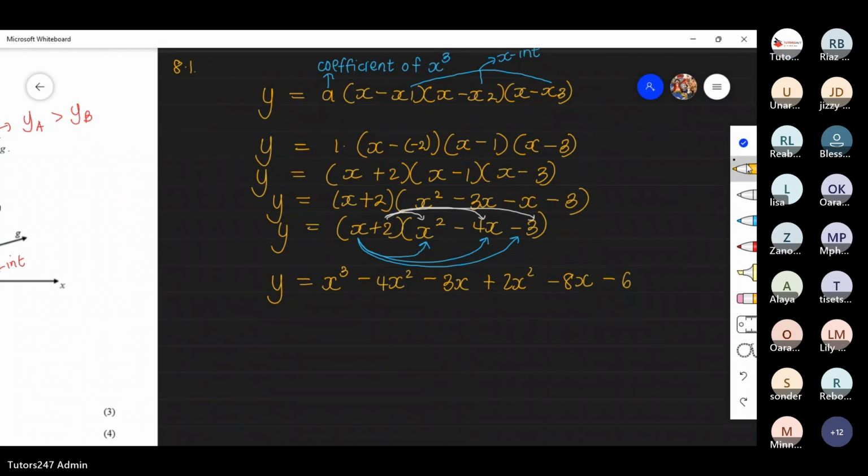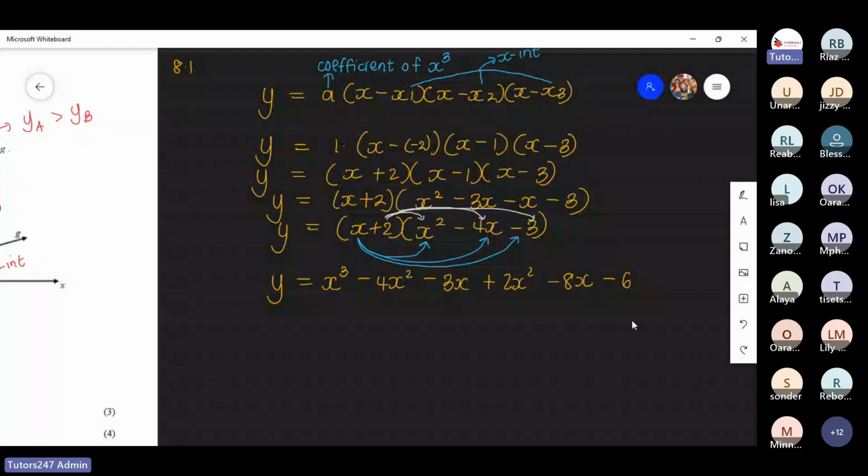Now, from here, let us continue. One mistake, though, that I've noticed: that is supposed to be positive 3. Sorry about that. This negative 1 times negative 3 gives us positive 3, not negative 3. So this will be positive 3 and positive 6.